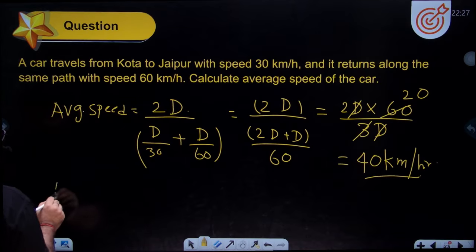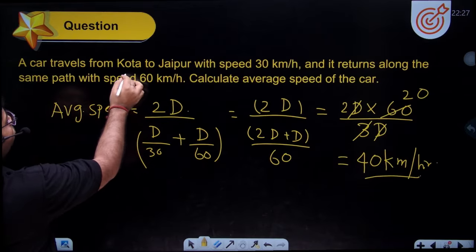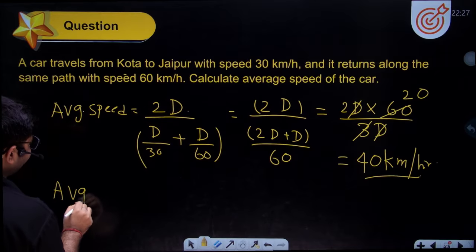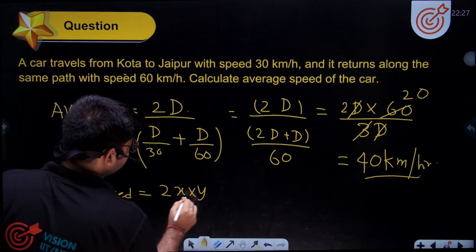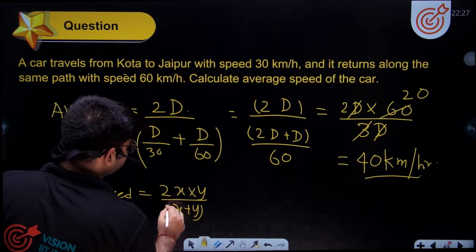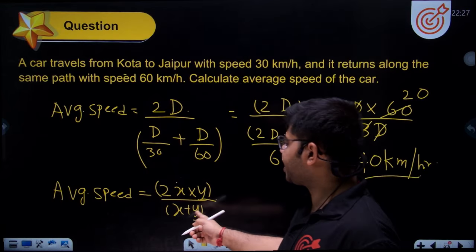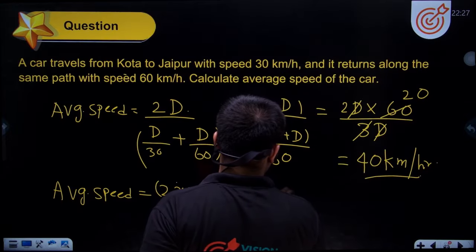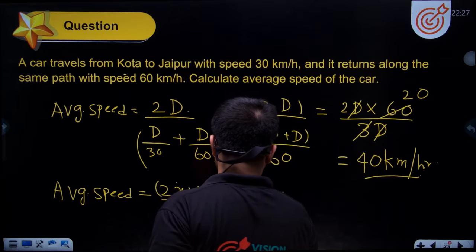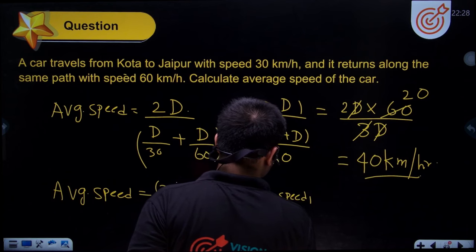If the distance is the same, like here Kota to Jaipur, the same distance, then if in one go the speed is x kilometer per hour and in the next go it is y kilometer per hour, the average speed you will get as 2xy by (x plus y), where x is speed 1 and y is your speed 2.